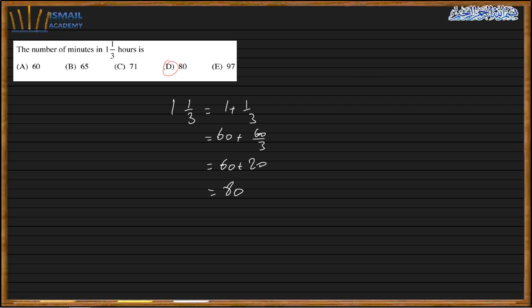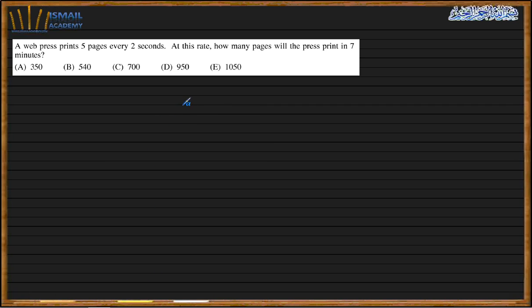Next question. A web press prints 5 pages every 2 seconds. So 5 for 2 seconds. At this rate, how many pages will the press print in 7 minutes? I need to convert 7 minutes into seconds, which is 7 times 60, which is 420 seconds.